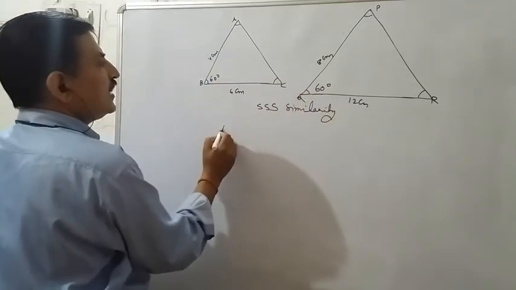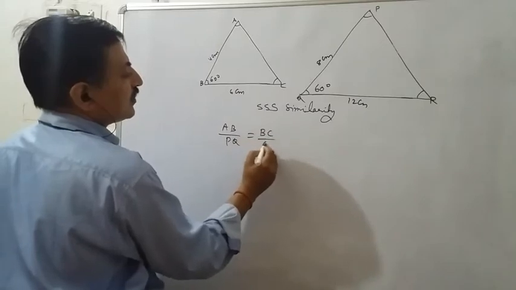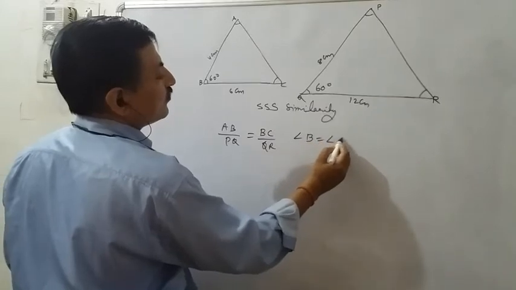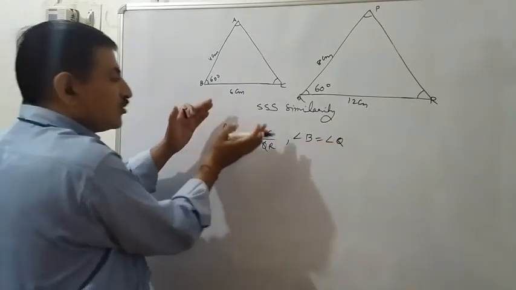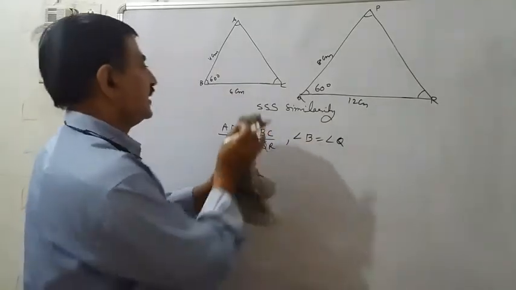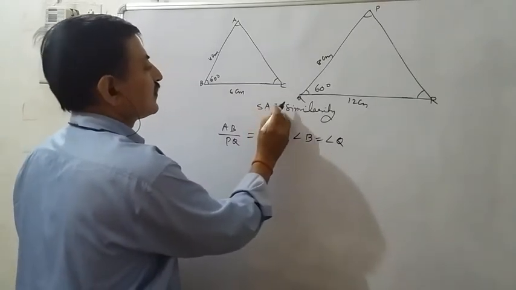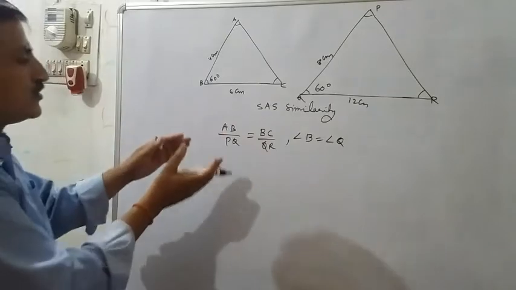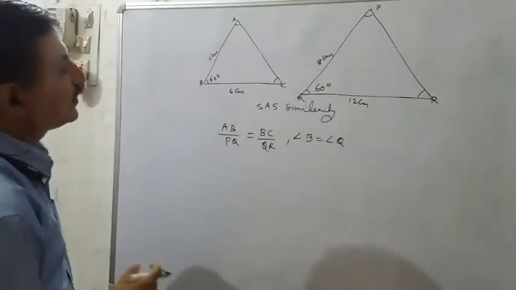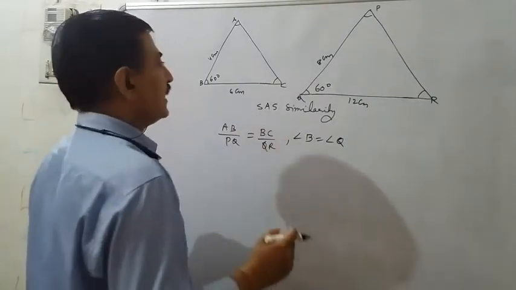You will see that AB upon PQ equals BC upon QR, and angle B equals angle Q. So two sides and one angle: this is SAS similarity. Their corresponding two sides are proportional, and angle B equals angle Q. That is SAS similarity.